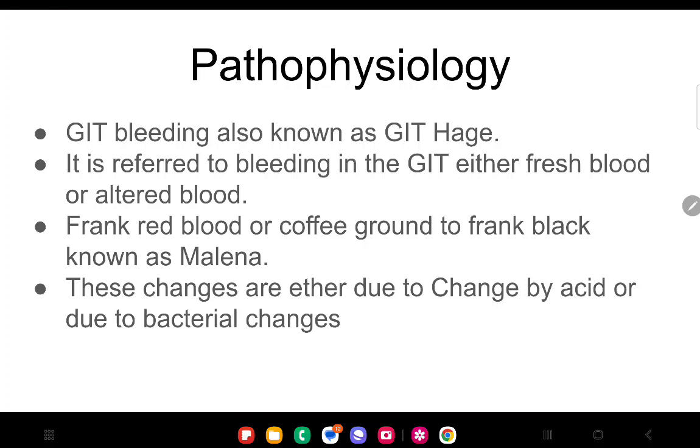There is another important type of bleeding which also has to be tackled and diagnosed. This type of bleeding is called occult bleeding.